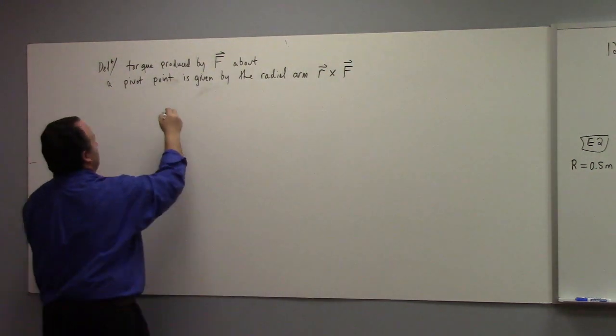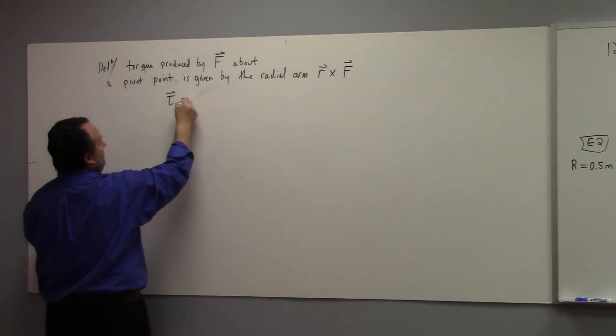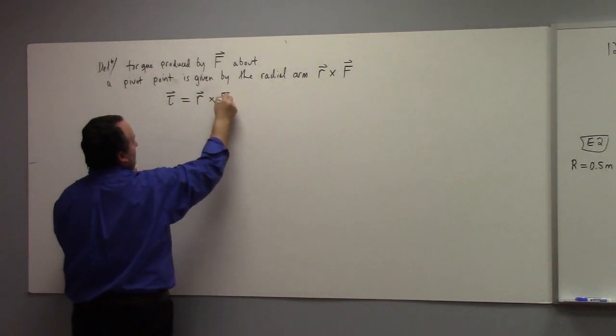So the formula is this: the torque as a vector is equal to R cross F.